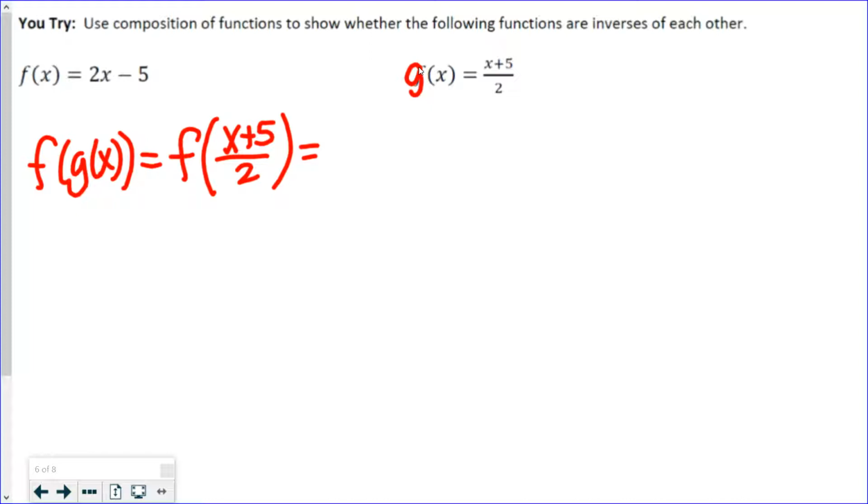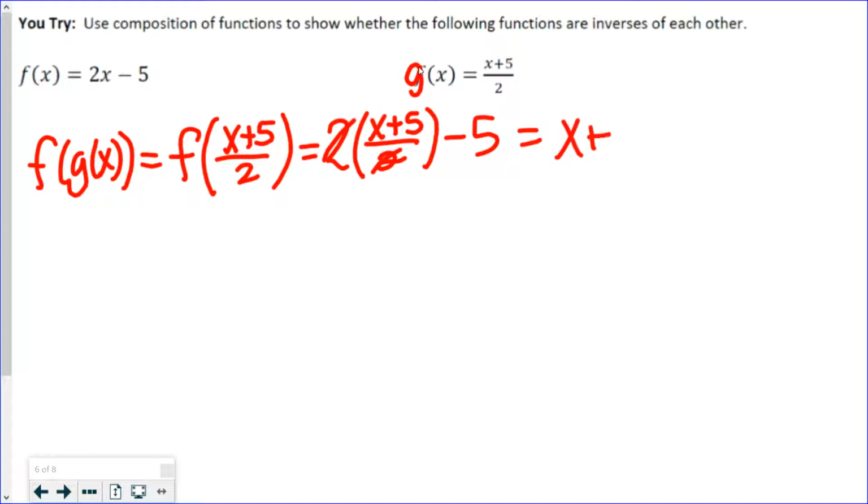So this means I've got 2 times x, but x is x plus 5 divided by 2, and then minus 5. When we multiply this out, the 2's cancel, and I get x plus 5 minus 5. So x plus 5, and then minus the 5, and then 5 minus 5 is 0, so this is just x.